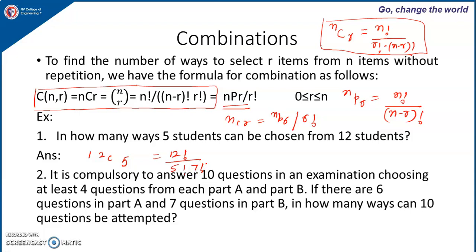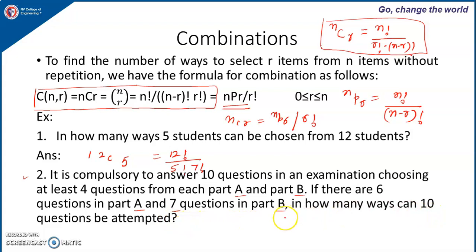Now the second question. It is compulsory to answer 10 questions in an examination, choosing at least 4 questions from each part A and part B, and if there are 6 questions in part A and 7 questions in part B, in how many ways can 10 questions be attempted?